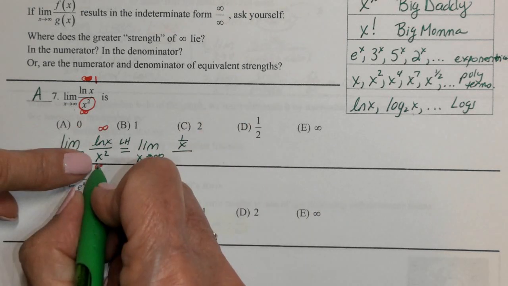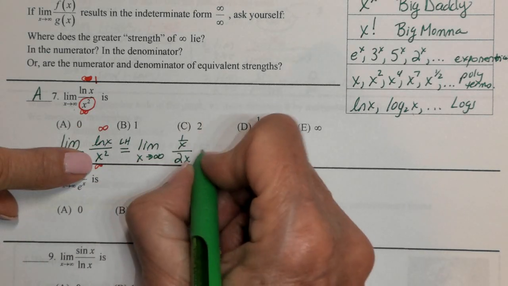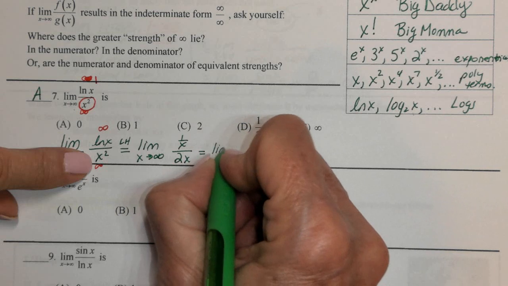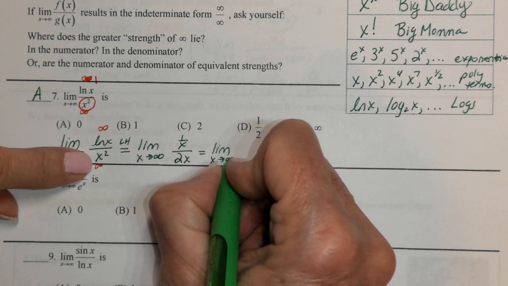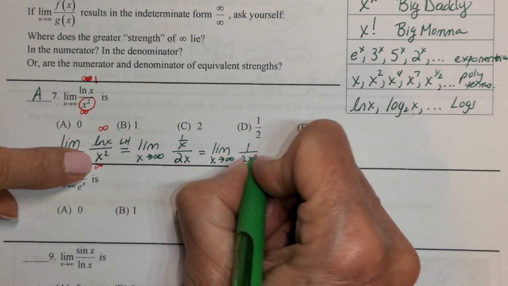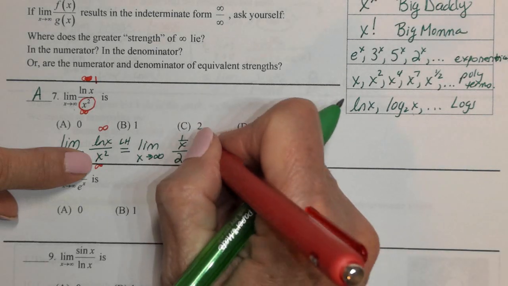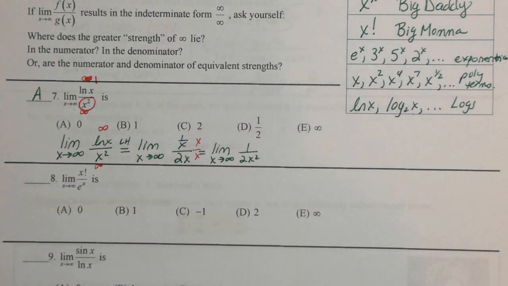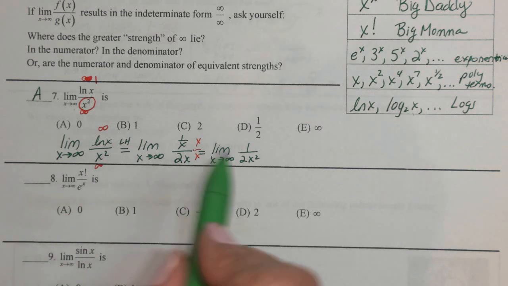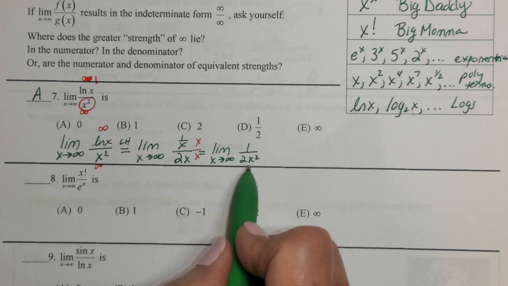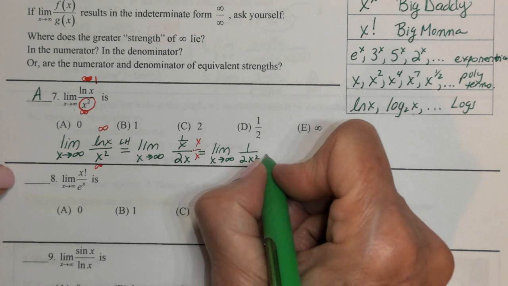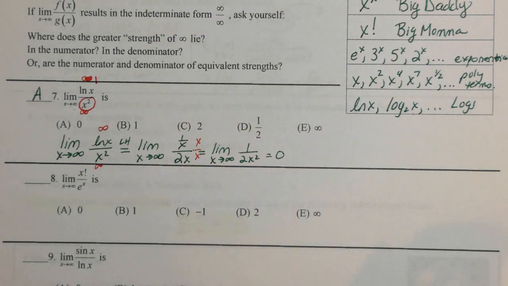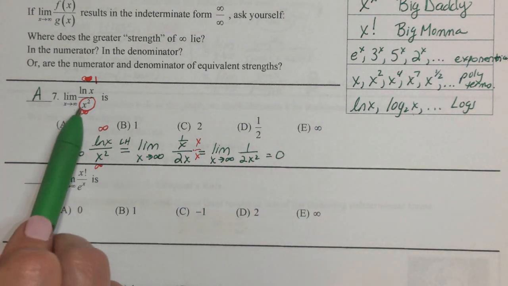The derivative of x squared is 2x. That is the same as 1 over 2x squared, if I multiply top and bottom by x. Now let x go to infinity. As x goes to infinity, we have 1 divided by an extraordinarily large number. That is going to 0. The strength was on the bottom.